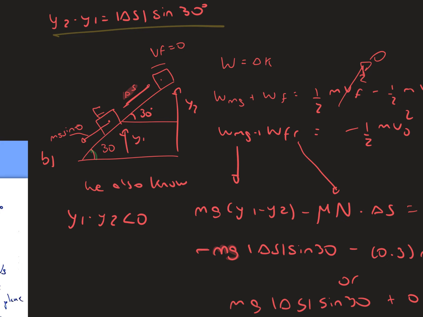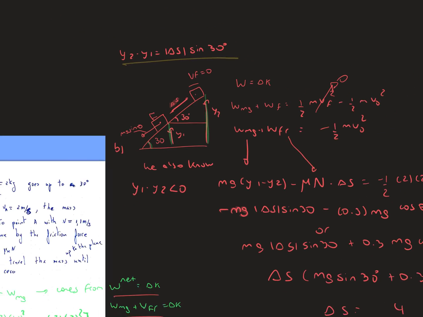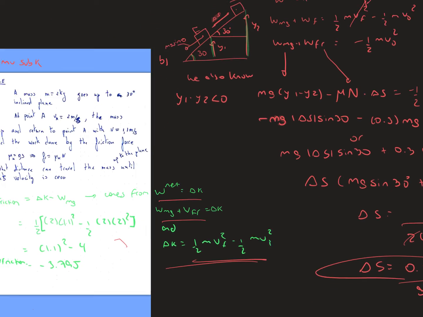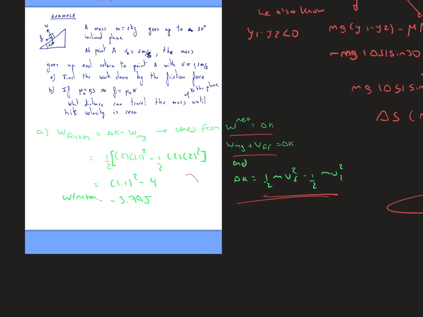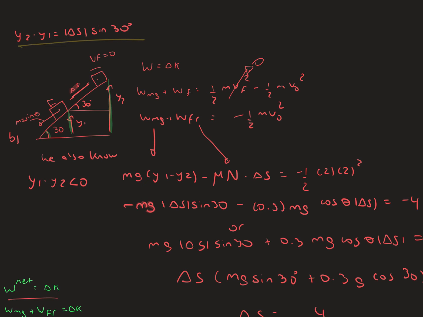We also know y1 is this part and y2 is the second one. So y1 minus y2 is going to be negative, if we pay attention to this right here. The main goal is to find delta S, which is the distance or the displacement.